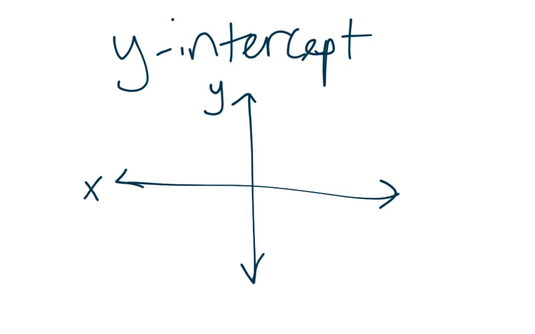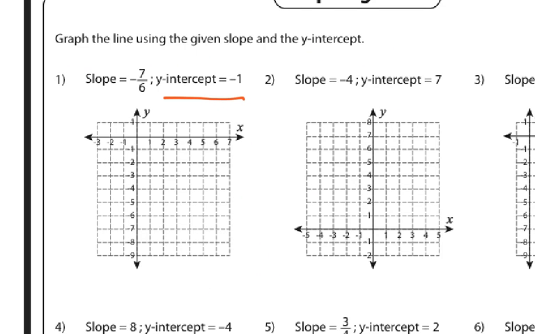And this particular line crosses over at -1. So there's going to be a point right here. That's where the line is going to cross over. So let's go ahead and graph that point. So at -1, we're going to put our point.